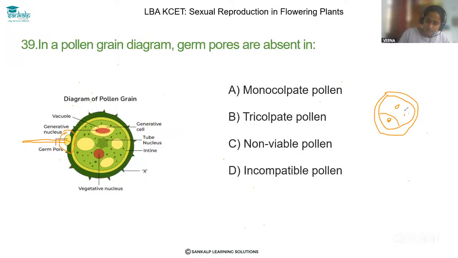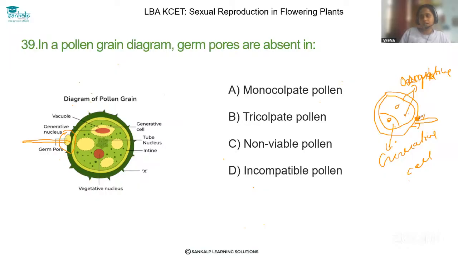This one is the vegetative cell, and this one is the generative cell. The generative cell will undergo mitotic division to form the male nuclei. Here, if you observe, it does not have a pollen germ pore, so it cannot form the pollen tube.